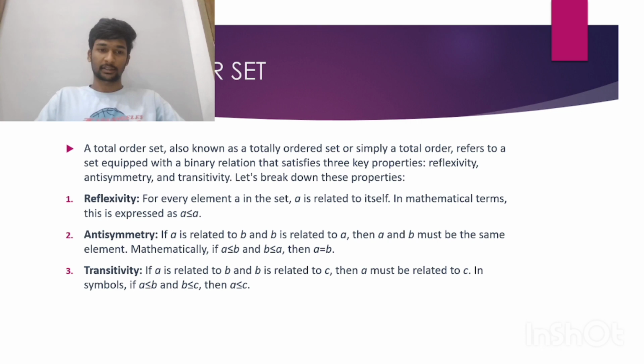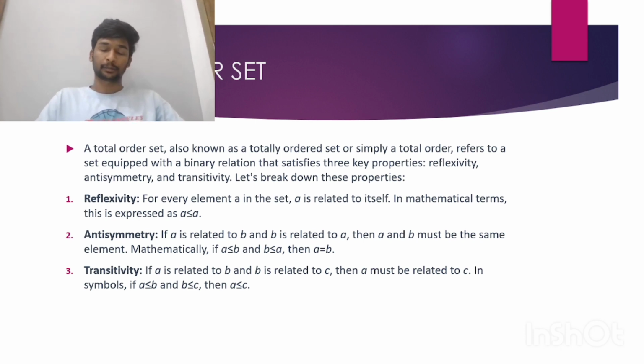Antisymmetry. If A is related to B and B is related to A, then A and B must be the same element. Like if A is related to B and B is also related to A, then A and B must consist of the same element.